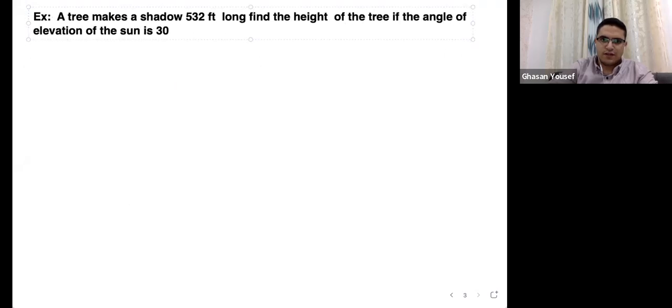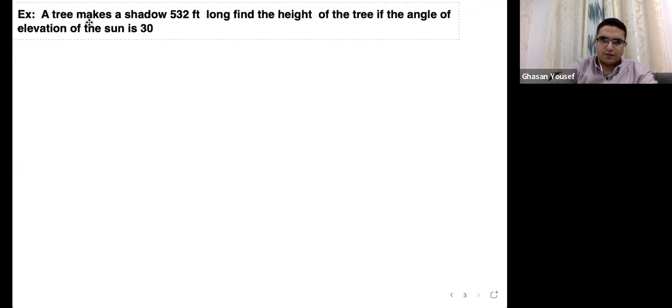This tree makes a shadow 532 feet long. So the question is, find the height of the tree if the angle of elevation of the sun is 30 degrees.